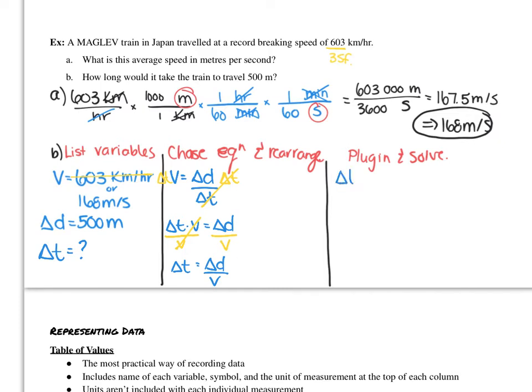So delta T is equal to, well, the delta D value that we had was 500 meters, so I'm going to put that in here. Again, using my units throughout. And the average speed that contains the same units would be our 168 meters per second.